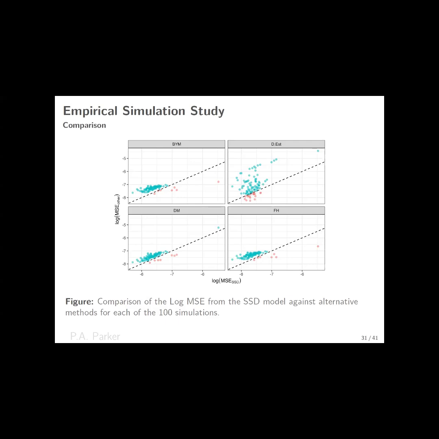And so anything that falls above this line in blue is a case where our model outperformed the other approach. The distance from the line is basically how much better it was. Anything that falls below is a case where the other model did better, ours did worse. And we can see the vast majority of the points, regardless of the other model here, are above the line in blue. And so generally we're doing quite a bit better than the existing approaches.